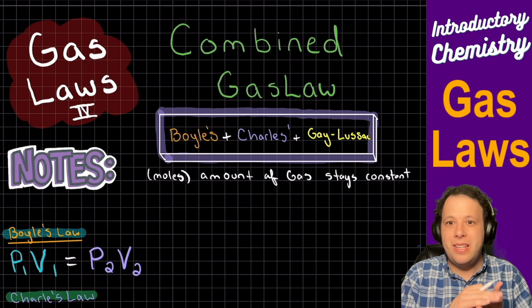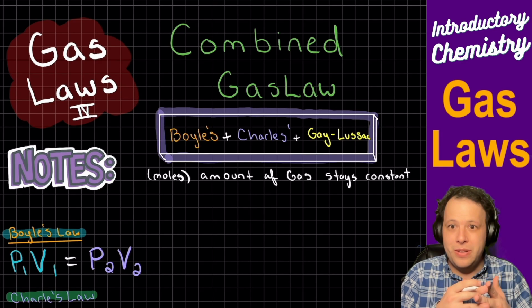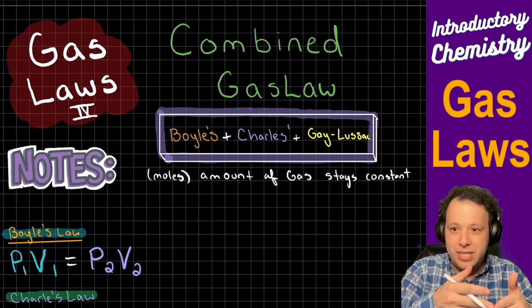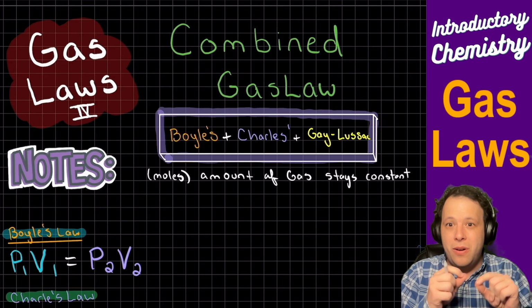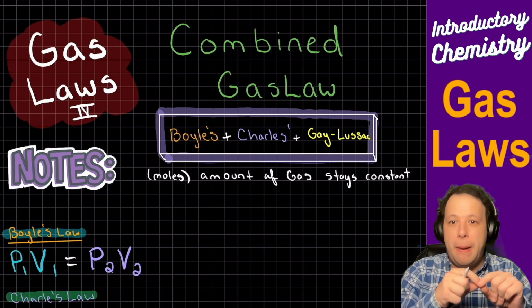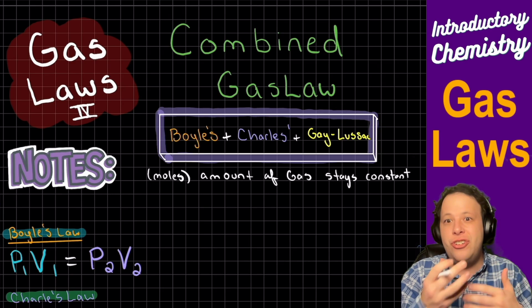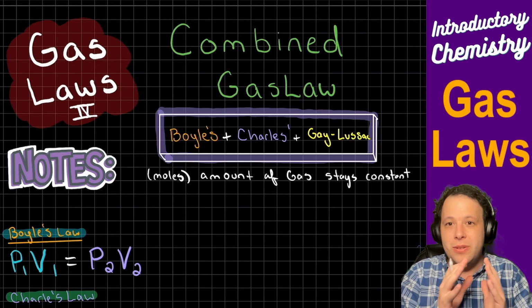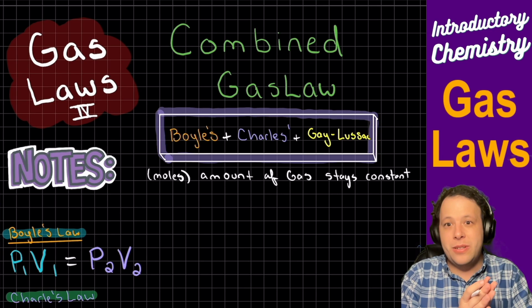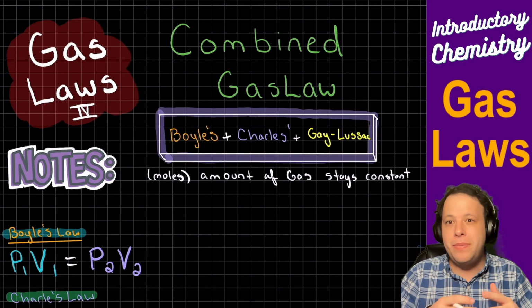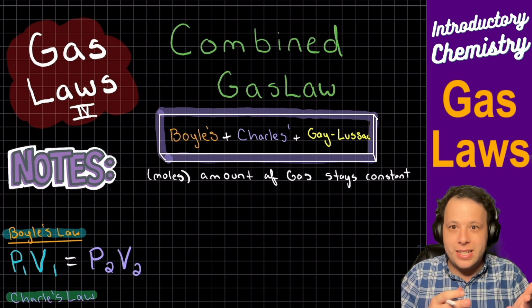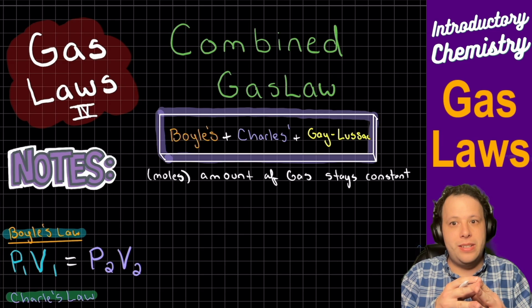We're going to go into that in the subsequent video, to see how all 3 of these previous laws combine to make one unique law regarding change. The past 3 are all about change. Something is increasing, something is decreasing. The combined gas law is going to go into that too.